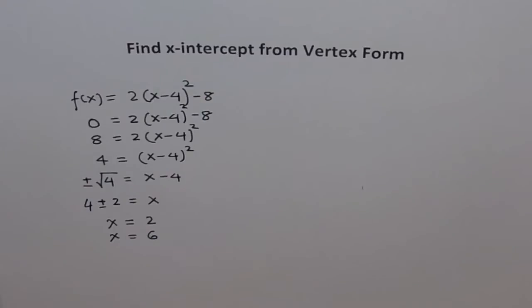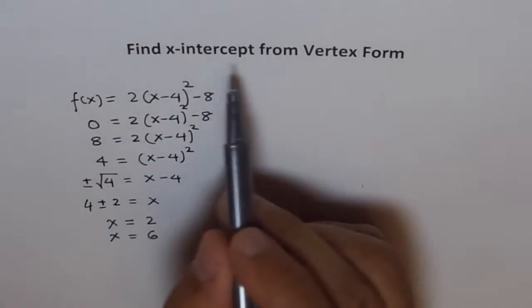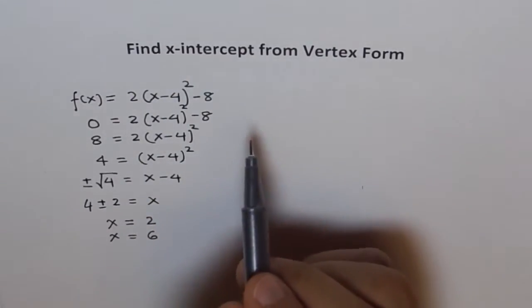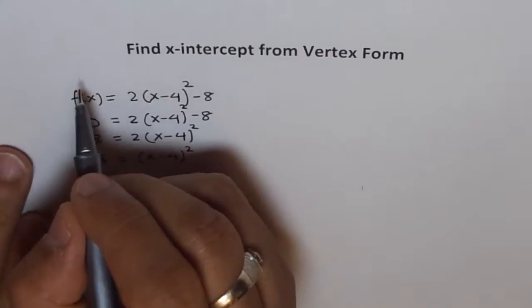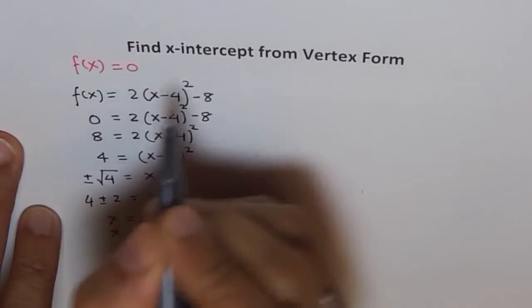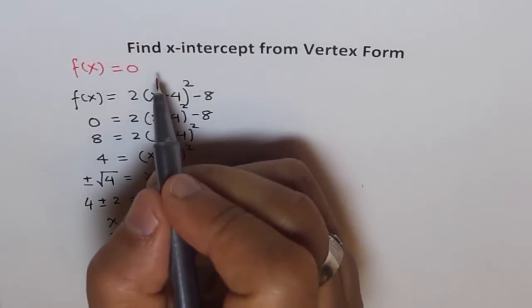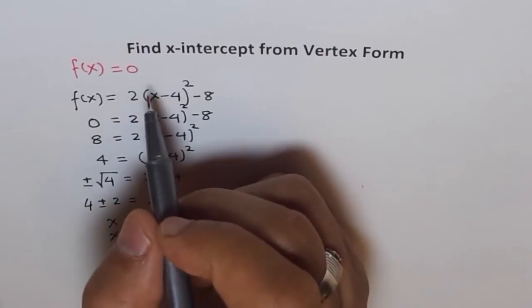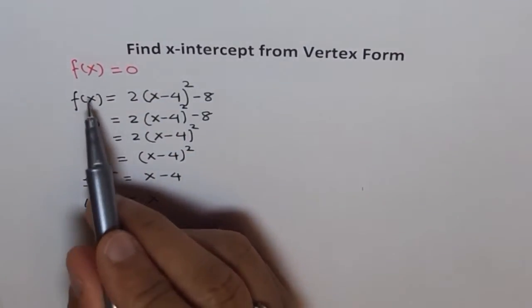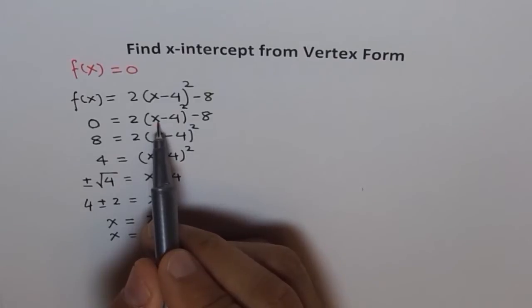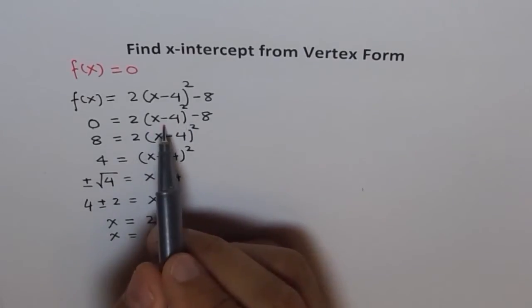So let's follow these steps once again. To find the x-intercept from vertex form, what do we need to do? We need to equate f of x to 0, because the x-intercept is a point where the value of the function is 0. So in the very first step, we set f of x equal to 0 and then solve for x.